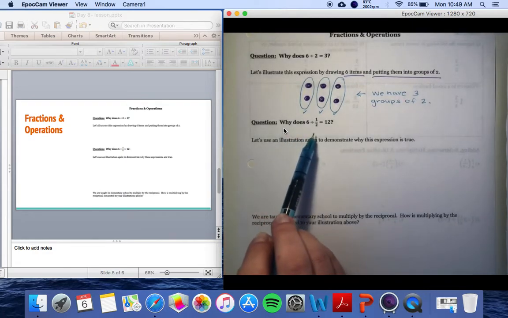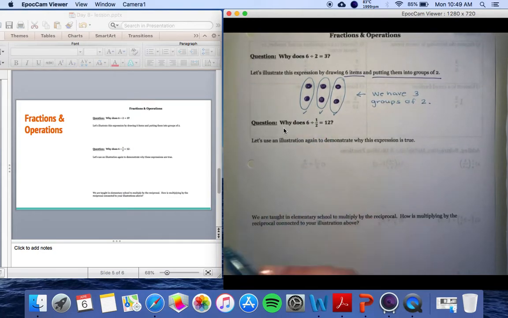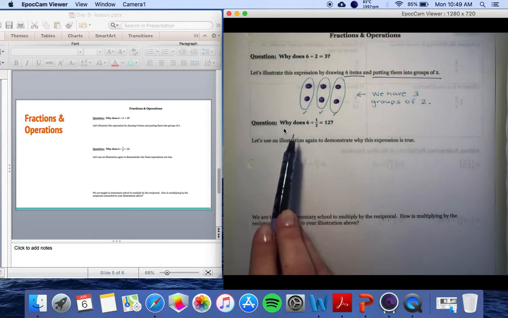Now, what about 6 divided by 1 over 2? We know that this equals 12, but again, let's just use an illustration for that. So the first thing I'm going to do is just draw 6 items.